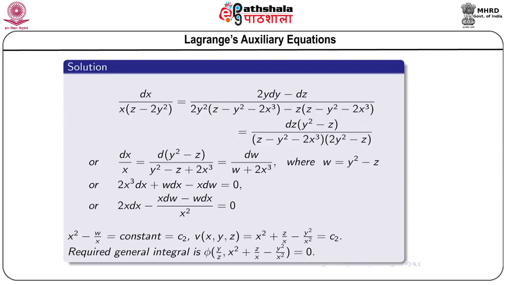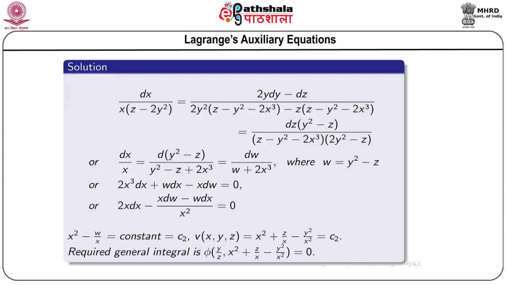We have manipulated this equation and we obtain an equation like this, which is written here: dx by x equals d(y square minus z) divided by (y square minus z plus 2x cube) equals dw by (w plus 2x cube), where w equals y square minus z.